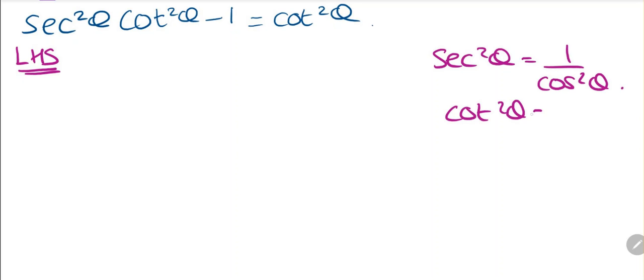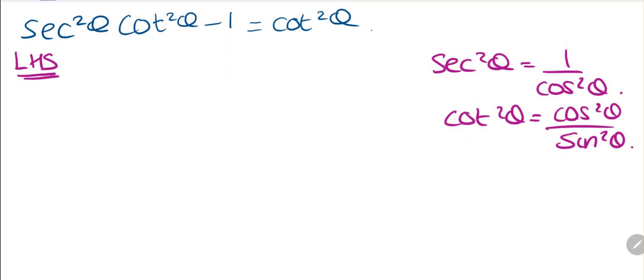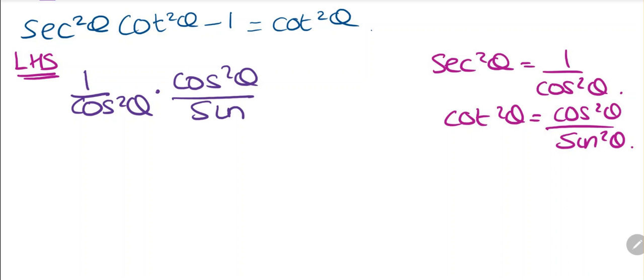Cotangent squared theta is cosine squared theta divided by sine squared theta. And so let's rewrite secant as 1 over cosine squared theta multiplied by cosine squared theta over sine squared theta, and this is minus 1.